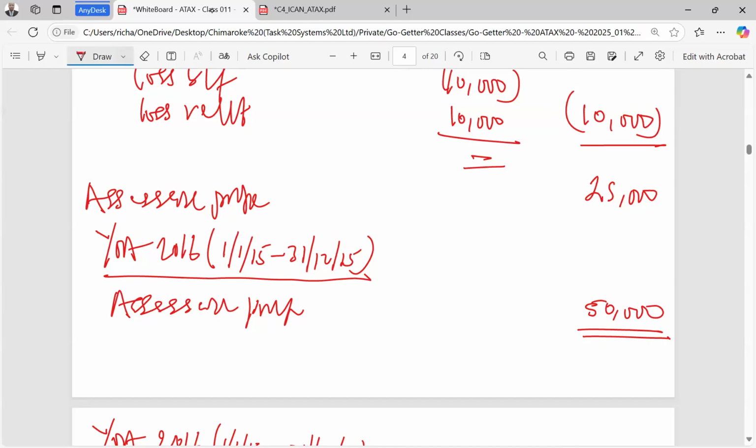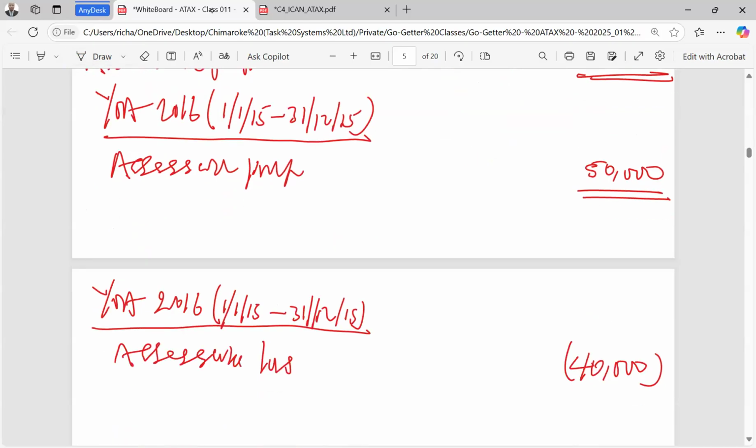Can we use this 25,000 from 2015 and 50,000 in 2016 to come to relieve this loss in 2017? No, sir or ma'am, we cannot do that because we said the losses to be relieved must be of the same basis. So it means you cannot bring a profit from a previous basis period to come and relieve a loss in another basis period. Never will that be done.